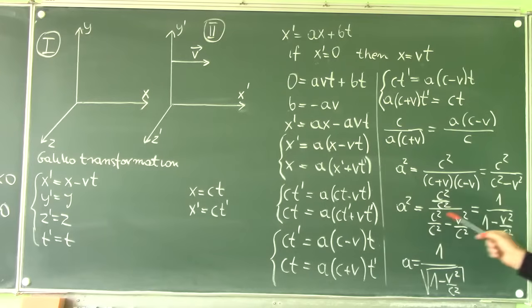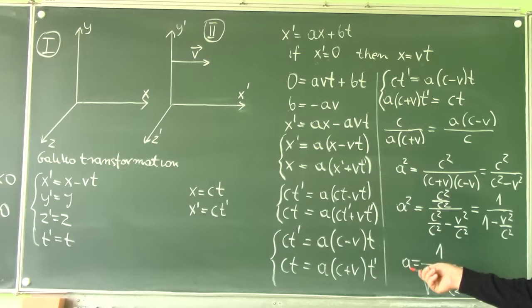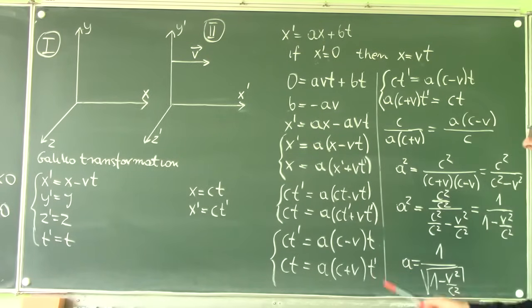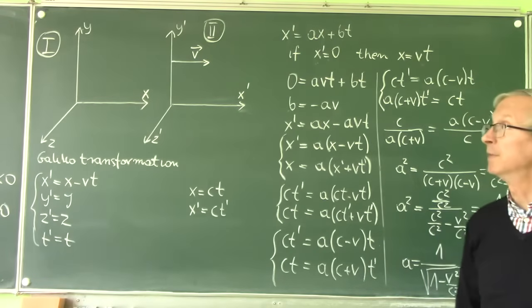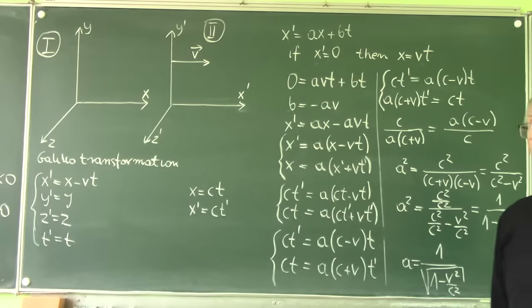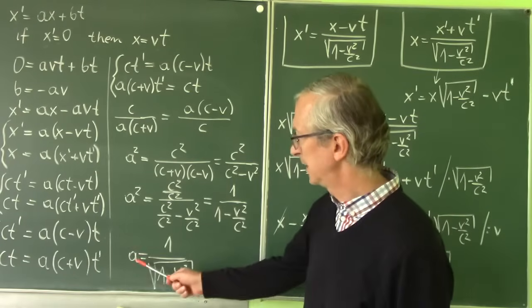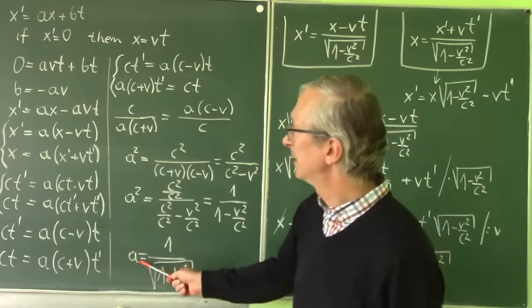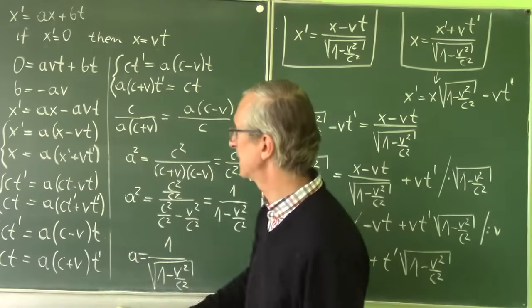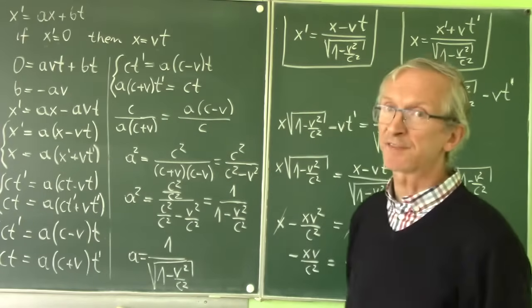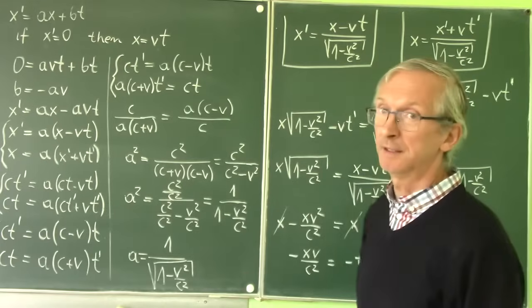And it's done here. Now we put this constant to both these equations, and then we have transformations of coordinate x and x dash, and it is on the second table. So now we'll put the value of constant a to both of these equations, like I've done it here, and that's the Lorentz transformation for coordinate x and the inverse transformation.